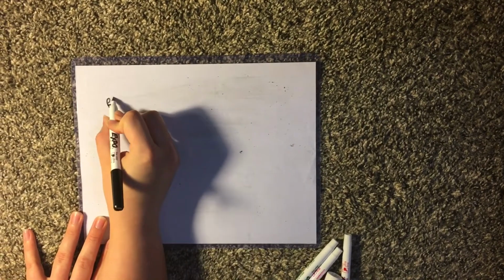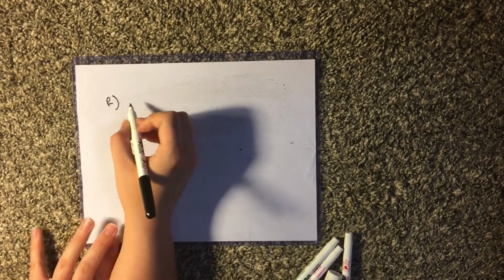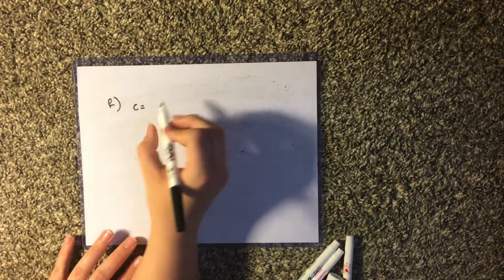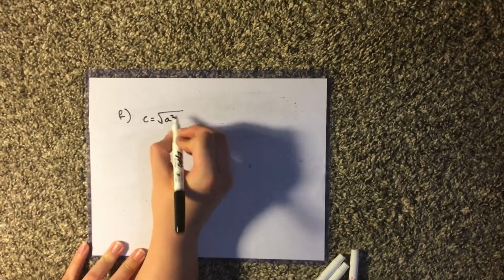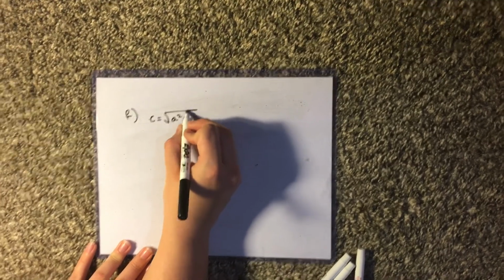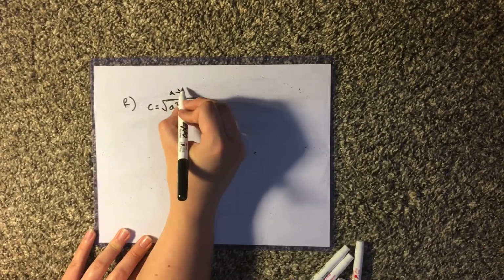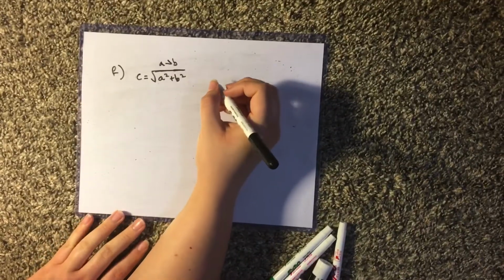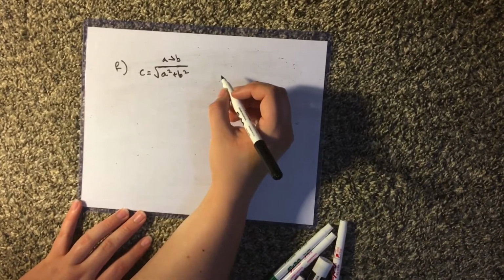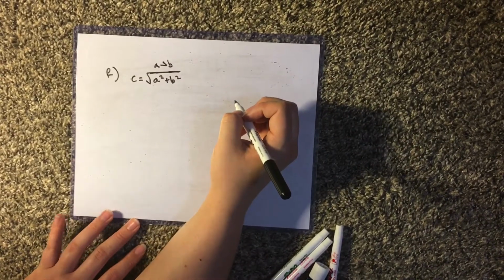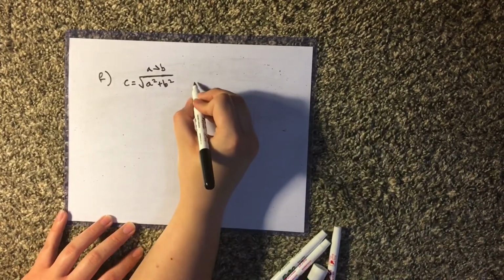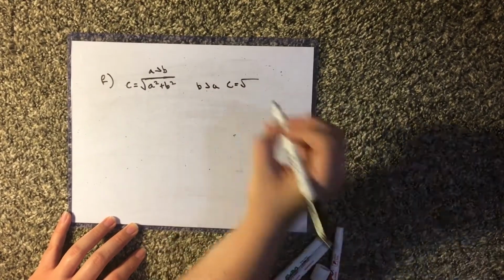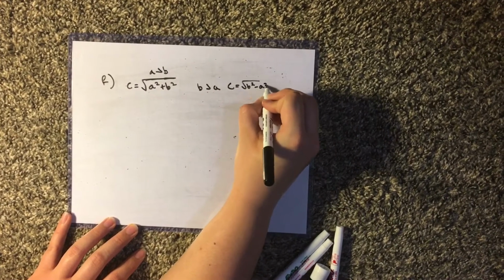Finding C. So from previous experience, we know that C equals the square root of a squared plus b squared, and this is if a is greater than b. So instead, since b is greater than a, we're actually going to do c equals the square root of b squared minus a squared.